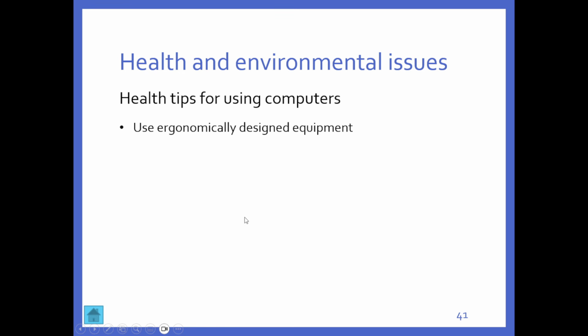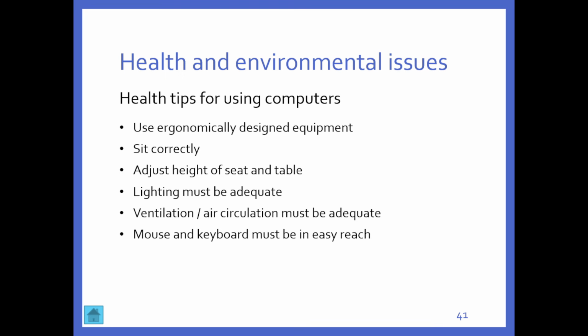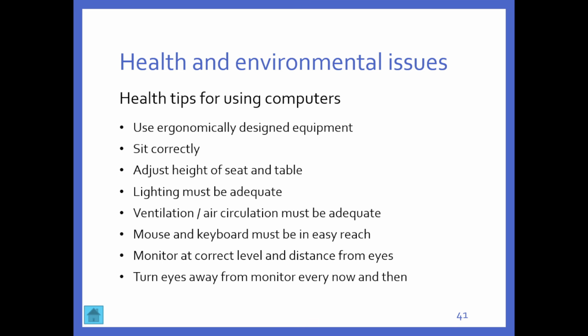So how can we give people some health tips for using computers? Well, you want to use ergonomically designed equipment. You want to sit correctly. You want to adjust the height of the seat and table. The lighting must be adequate. You need to have ventilation, right? Your mouse and keyboard must be in easy reach. Your monitor must be at the correct level and distance from your eyes.